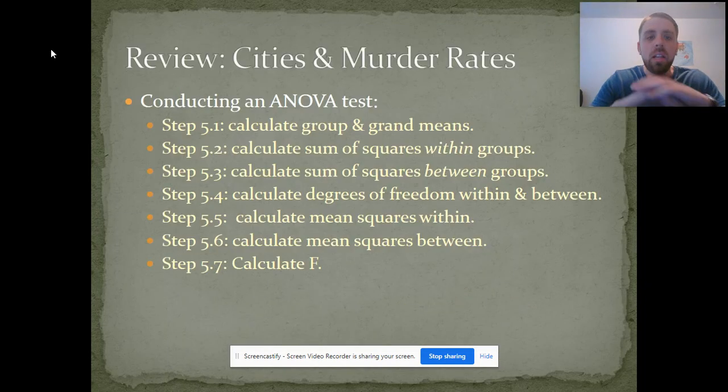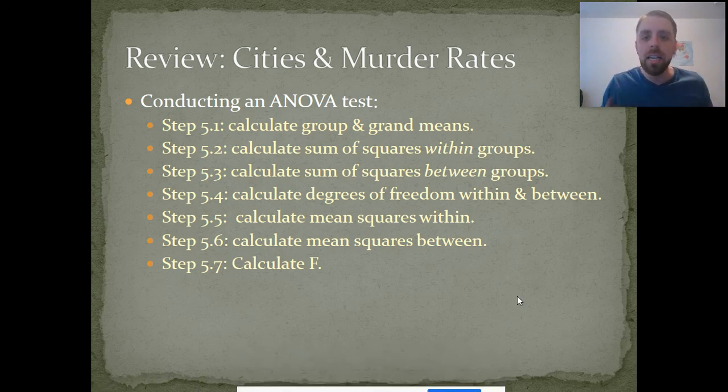Okay, so let's review what happened this week. We spent 2 straight days trying to understand how to do an ANOVA, and that ended up being a pretty complicated process. So you'll remember we had this example of 24 cities, and they were categorized into 3 groups based on the city's core economic function.